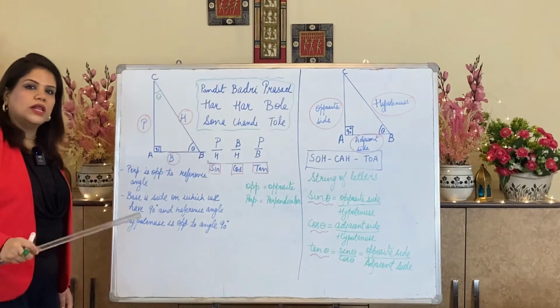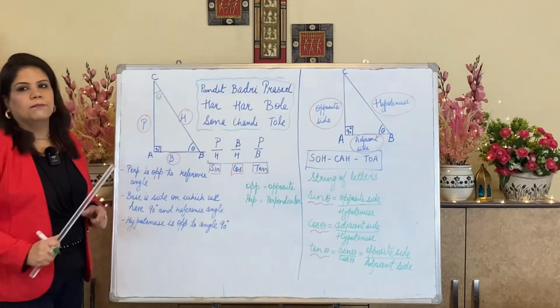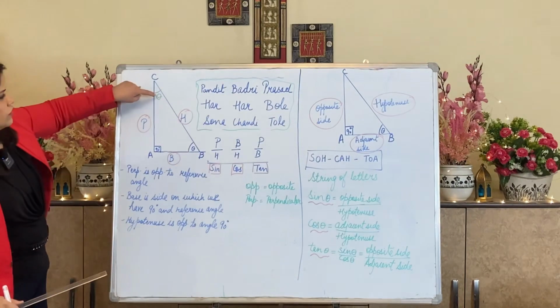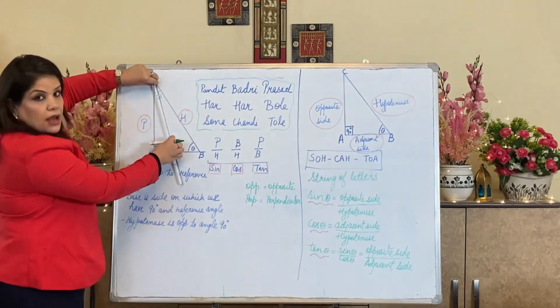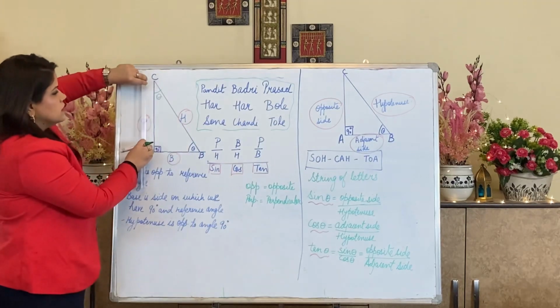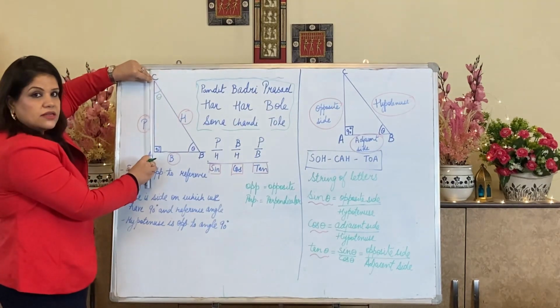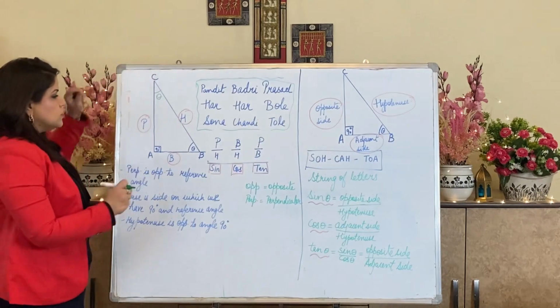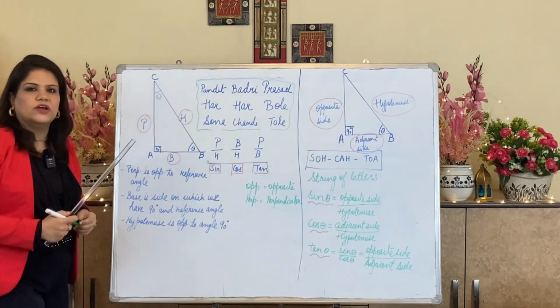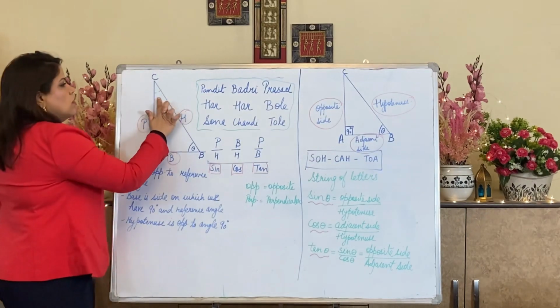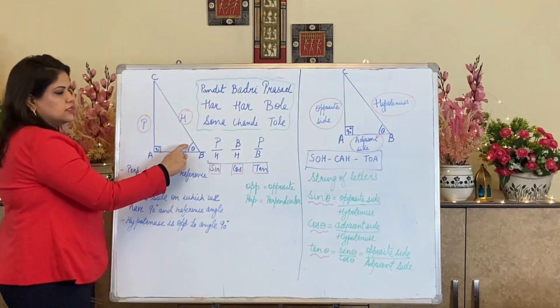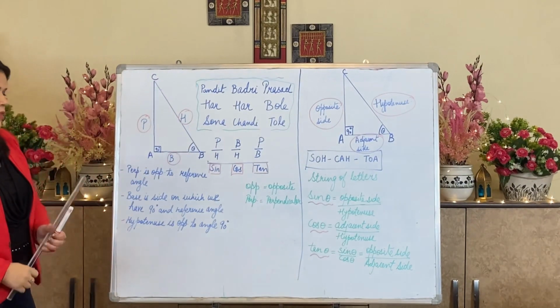Only the change will come in perpendicular and base, because now this is my reference angle. So the side opposite to this will become my perpendicular, and the side on which both the angles are there will become my base. So these two sides will get interchanged according to the reference angle. But now in this figure, I am taking this as my reference angle.